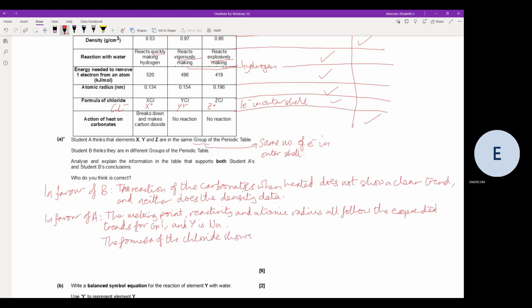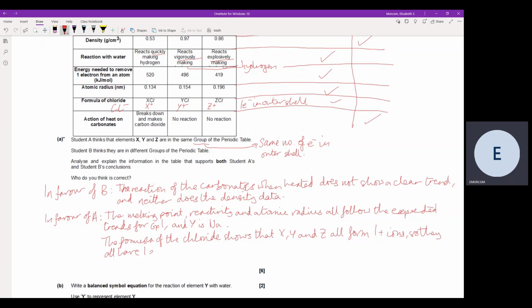Shows that X, Y, and Z all form 1+ ions, so they all have 1 electron in their outer shell.